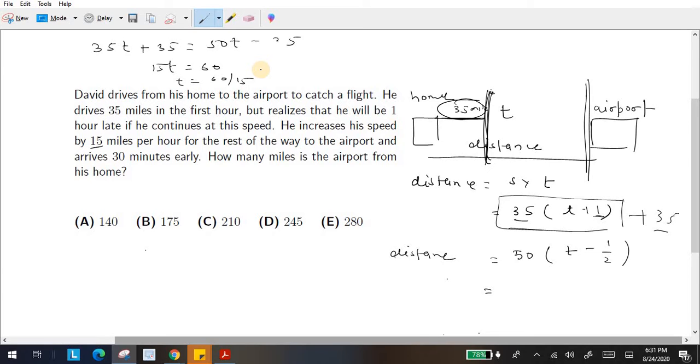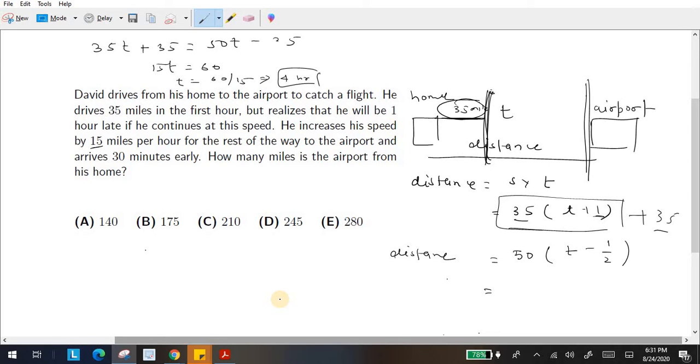Okay, 114 is the 1 hour and 54 minutes, his desired time to reach. So if he's going to be 1 hour late if he continues at this speed, that means that doesn't add up.